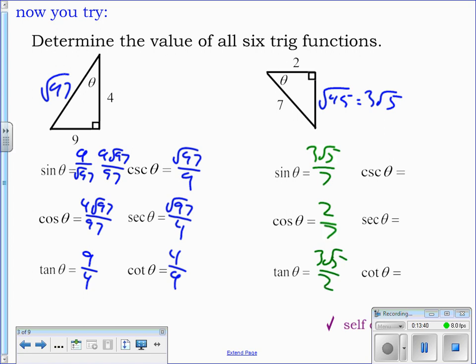Cosecant, flip them over and simplify, and you get 7 root 5 over 15. Secant, that's easy, 7 over 2. And the cotangent, you get 2 root 5 over 15 when you simplify it.